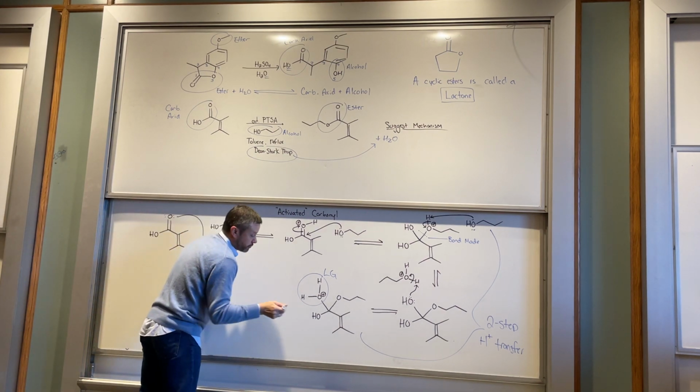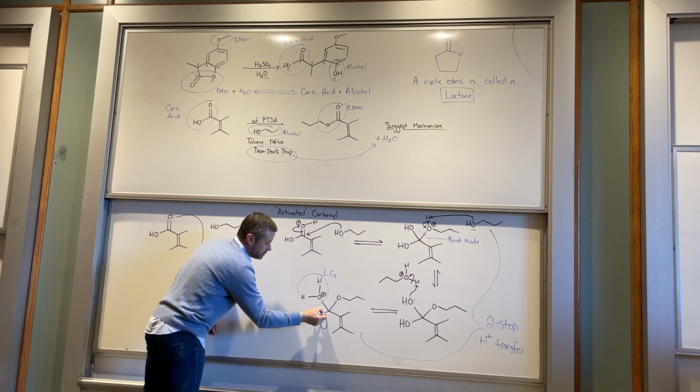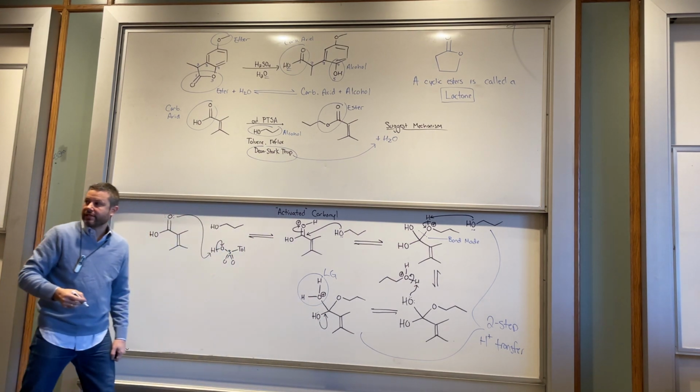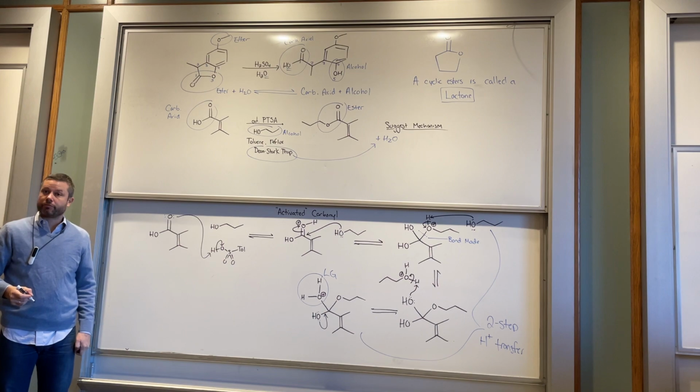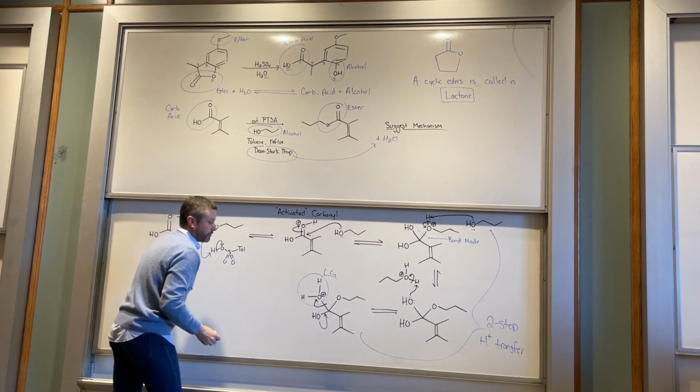To get it to leave, we're going to take the electrons from one of the nearby oxygens and use those electrons to push out the leaving group. The leaving group never leaves on its own; it's got to be pushed out.